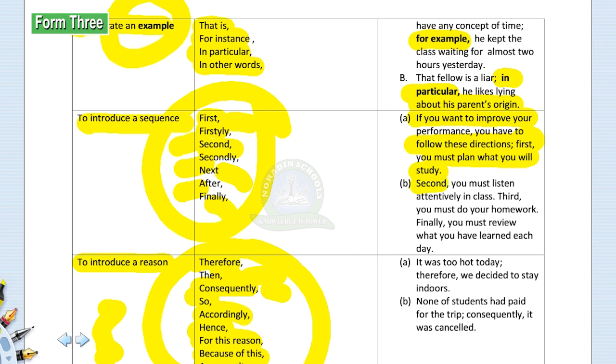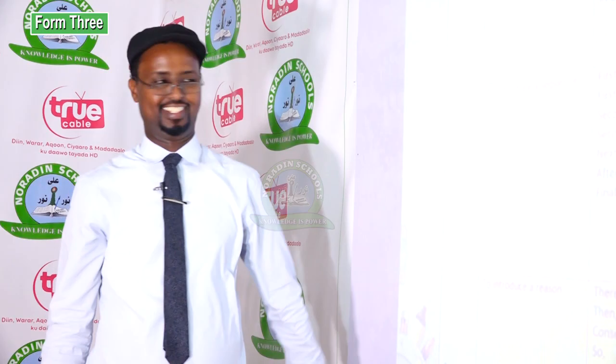Second, you must listen attentively in the class. And then you say, third, you must do your homework. And then finally, you must review what you have learned each day. See, this is how we make the sequence, right?